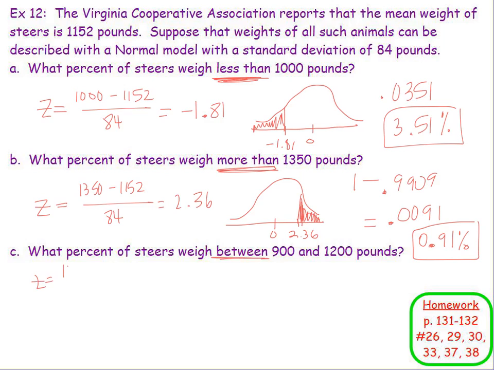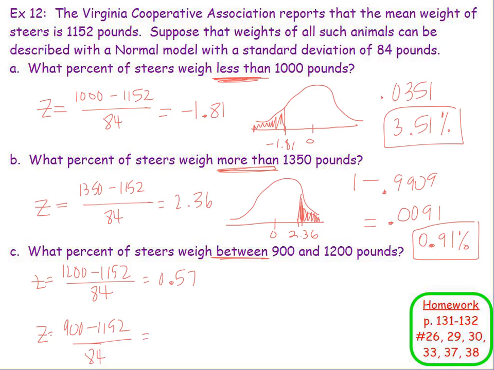And finally, what percentage of steers weigh between 2 different values? Big one first. 1,200 minus 1152 divided by 84. I end up with 0.57. 900 minus 1152 divided by 84.